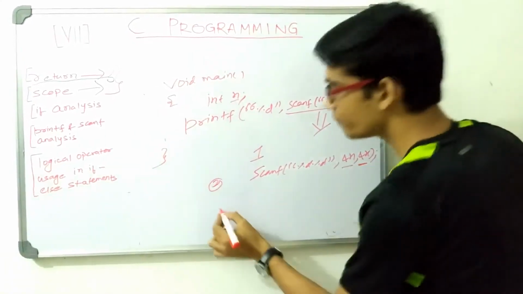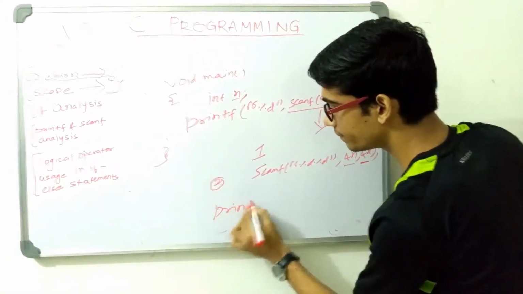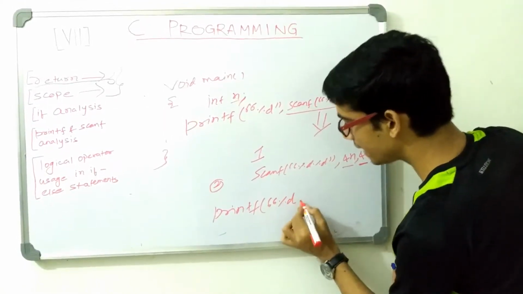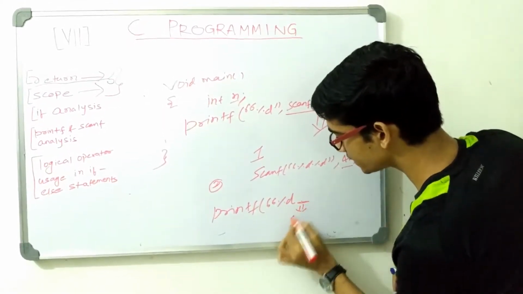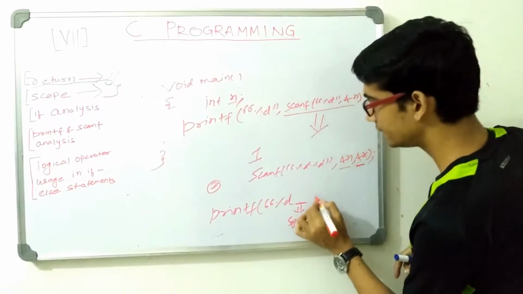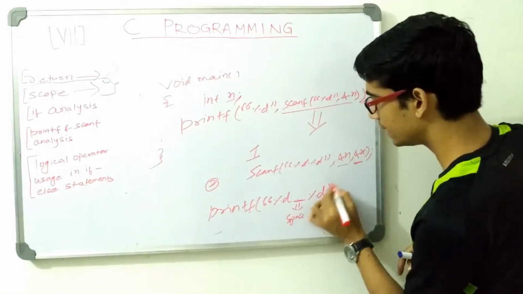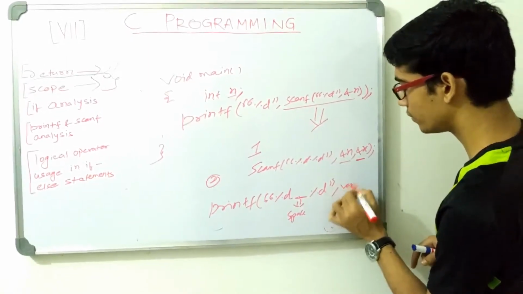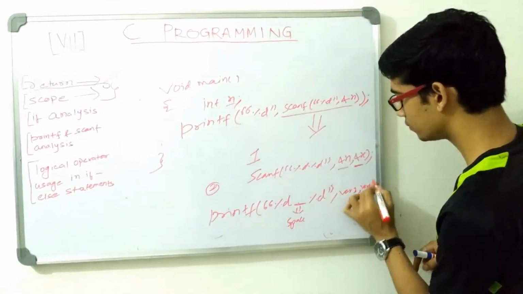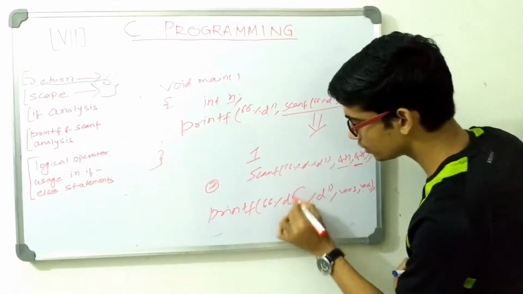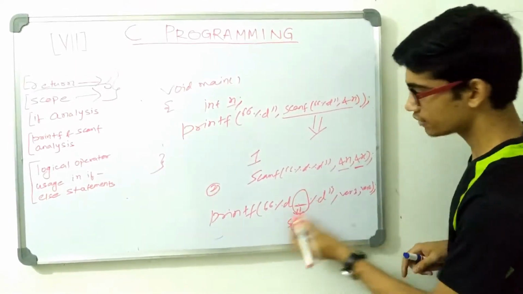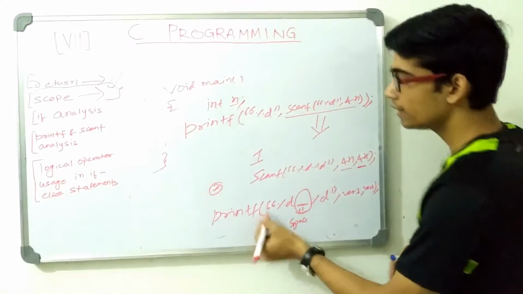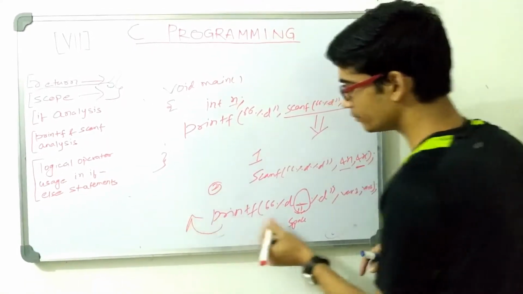Okay, and one more important point that you should note about the return value of printf is that whenever we write printf and put %d, and if we put a space here, and then we pass variables, var1 comma var2, this space is also going to be counted. So the number of characters that printf is going to send, it is going to return you 3. Why?